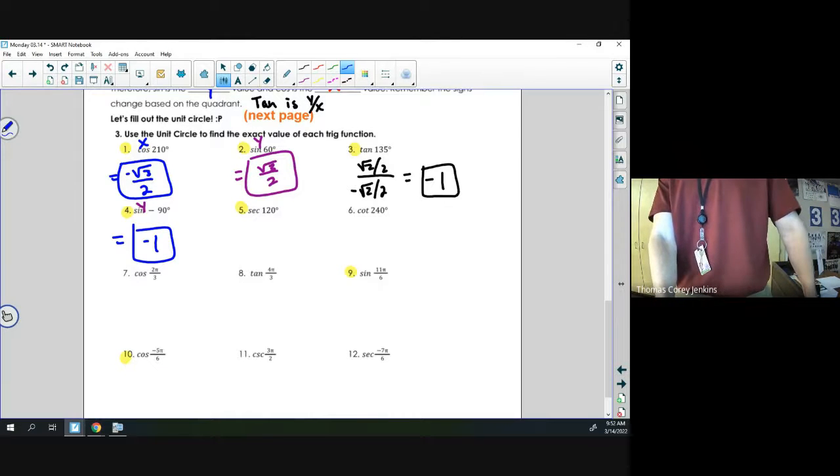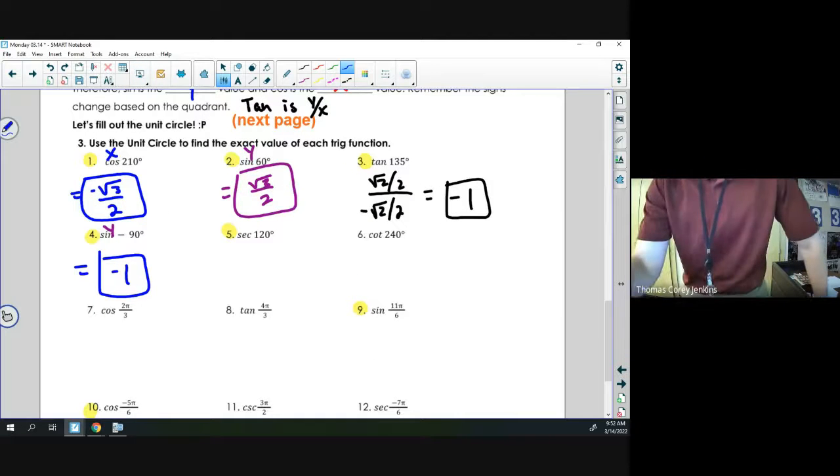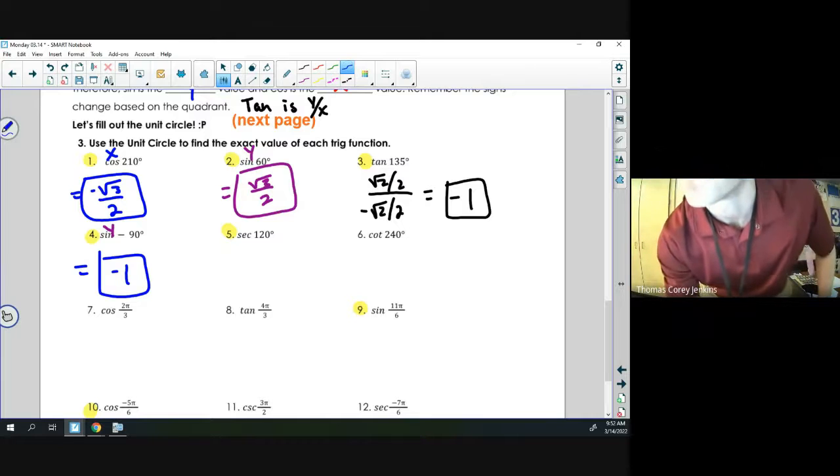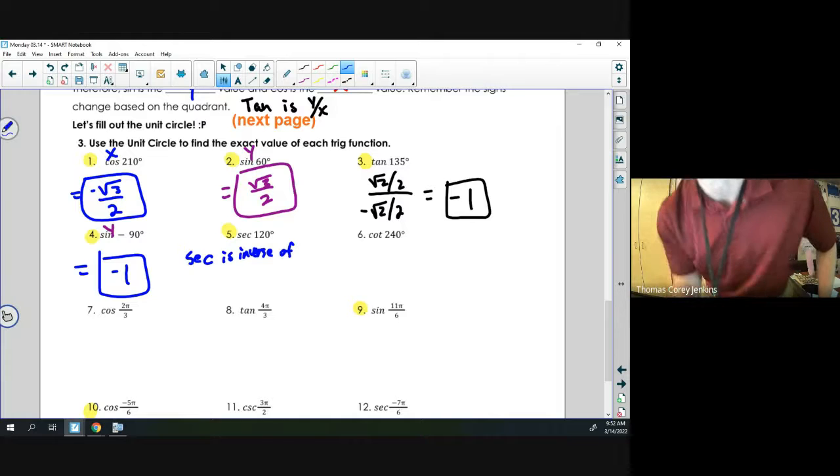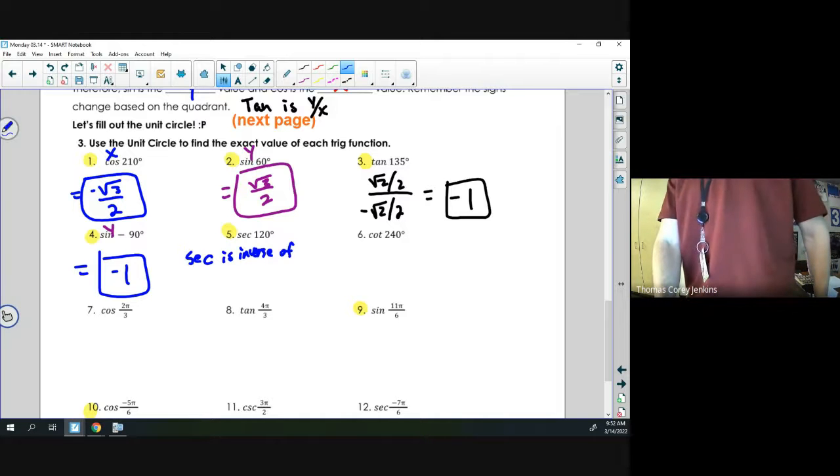All right, and then we get into some secant and cotangent stuff. For example 5, you want to remember secant is the inverse of, anybody remember which one secant goes with?